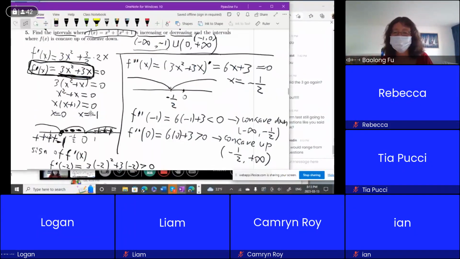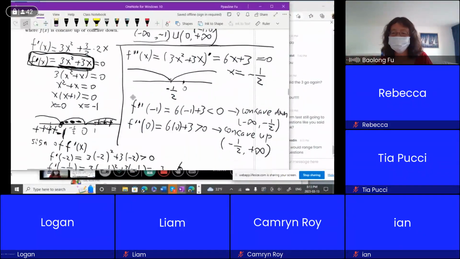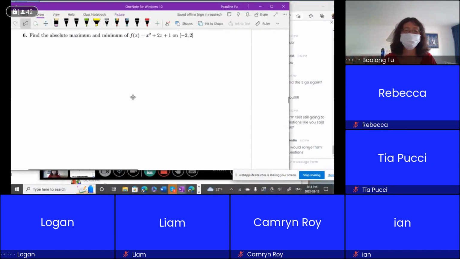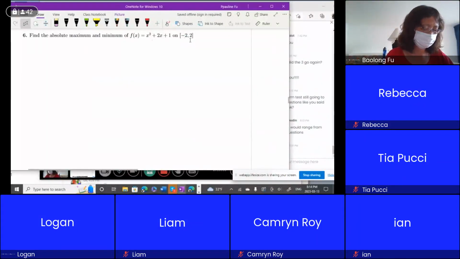Okay, so question 6. Find the absolute maximum and absolute minimum for this function on the interval -2 to +2. This is question 6.